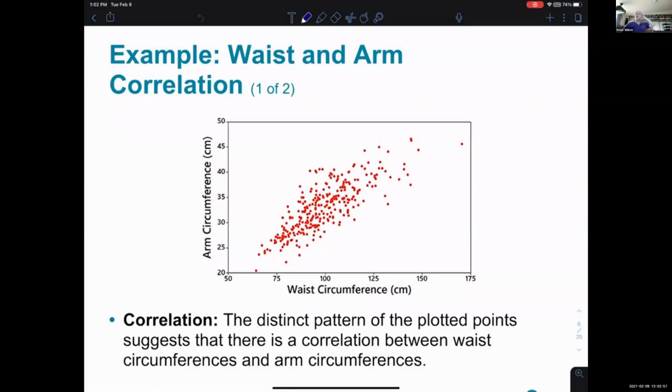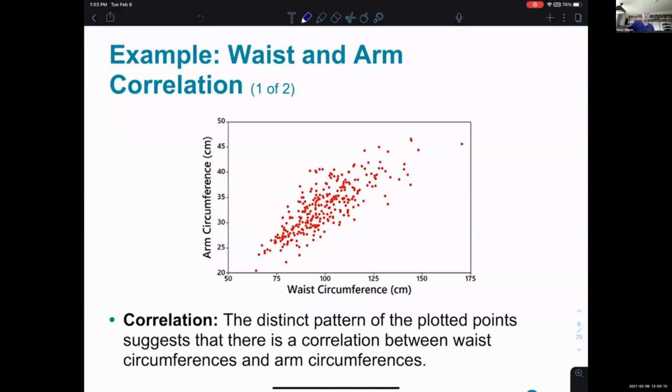And so you could sort of imagine, if I measure arm circumference and waist circumference, is there a correlation? Meaning that perhaps if someone has a bigger waist, does that usually mean they also have a bigger arm circumference, or vice versa?